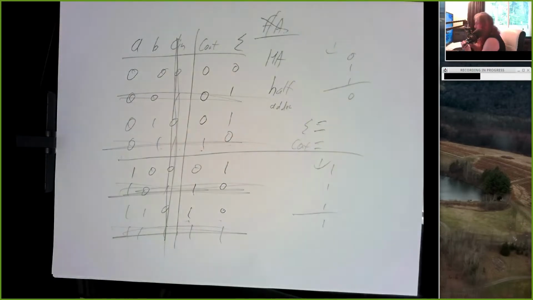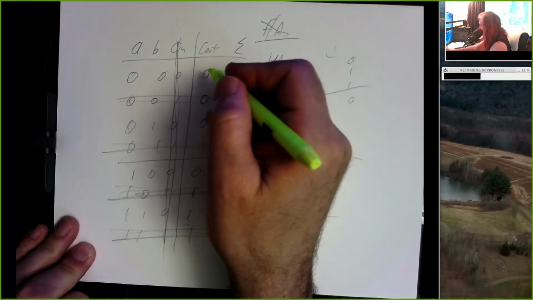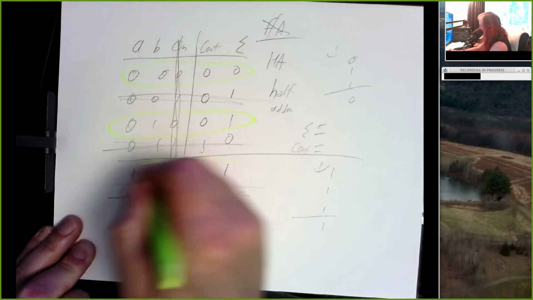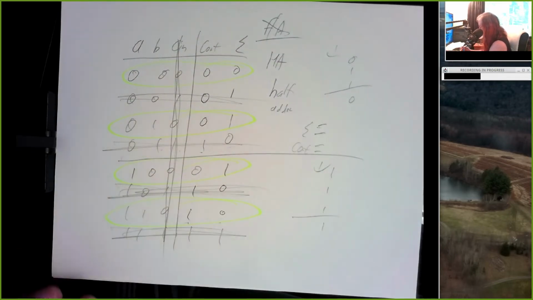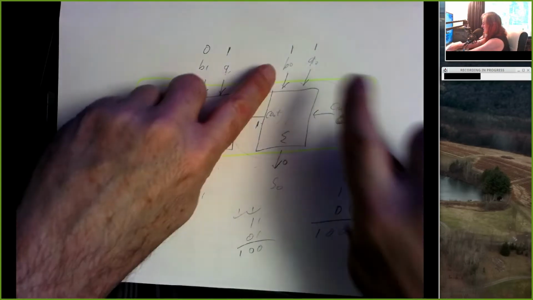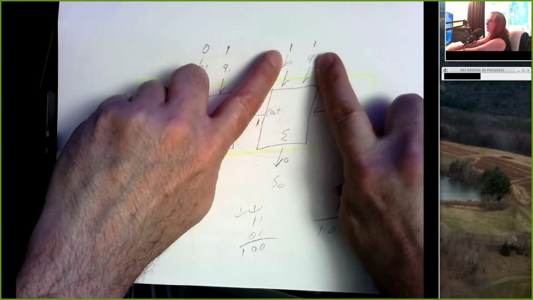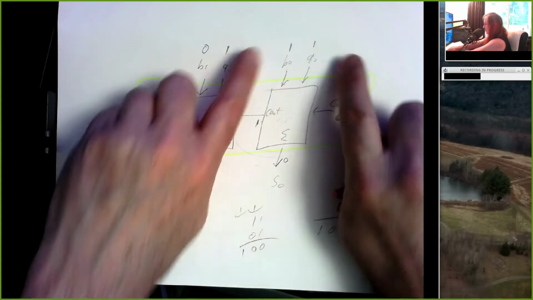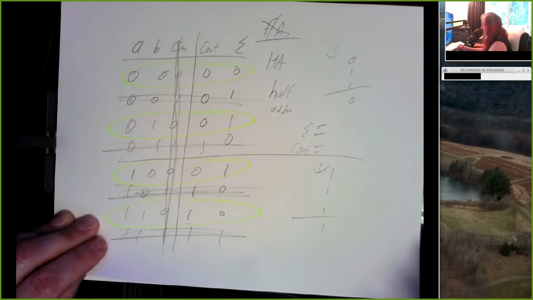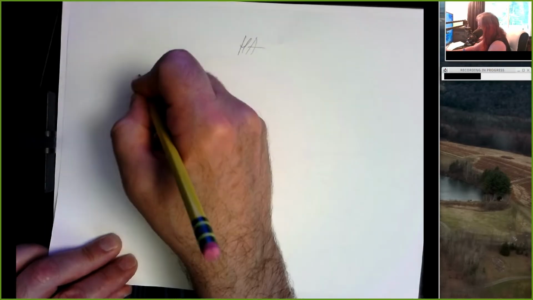And a half adder has only 2 inputs, A and B, and 2 outputs, and so it only has 4 rows to it. Because really, all that this ever has to do is add 0 and 0, 0 and 1, 1 and 0, or 1 and 1. Because there's no carry coming in. So it's a much simpler truth table.